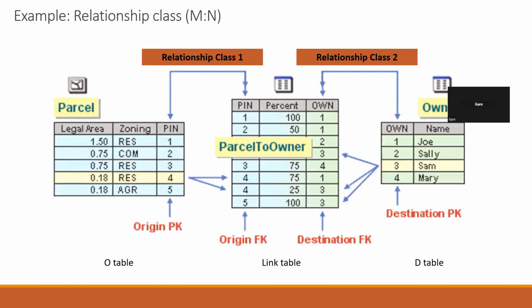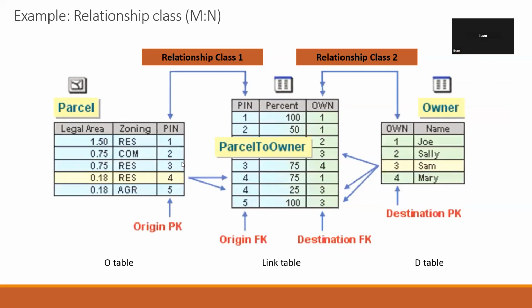This is what we already went over. If you want to make a relationship class between two tables that have many-to-many cardinality, you need to have a link table. And then you need to make two relationship classes between them, which is one-to-many and also one-to-many, right? So for example, you have parcels and owner data, right?